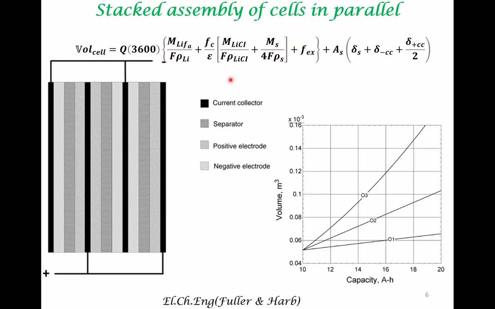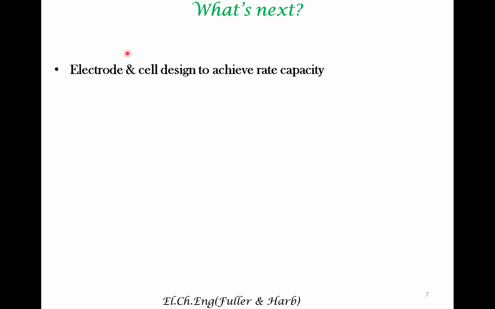That is why it is first important to have a reasonably quantitative expression. In this case, the expression was associated with the volume of the cell. So when we want to increase the capacity, there are different approaches to doing so, and the consequences of the different approaches have to be analyzed quantitatively. That's what we tried to do in this lecture.